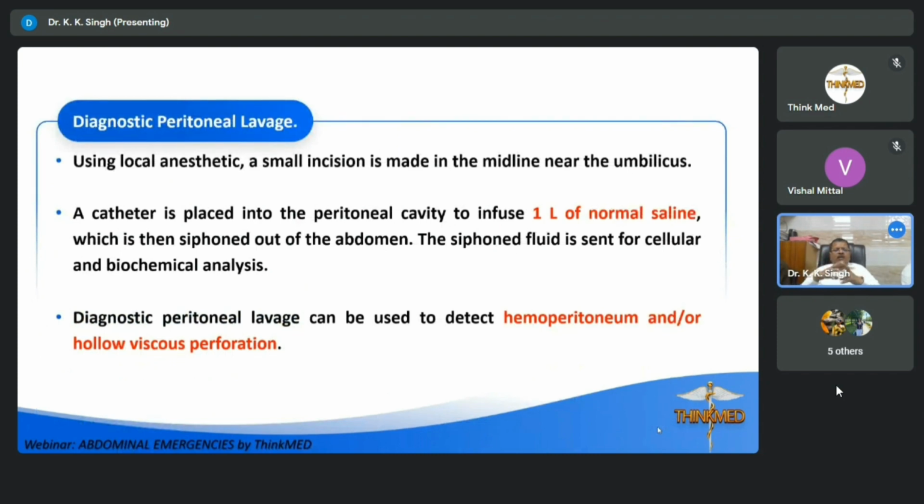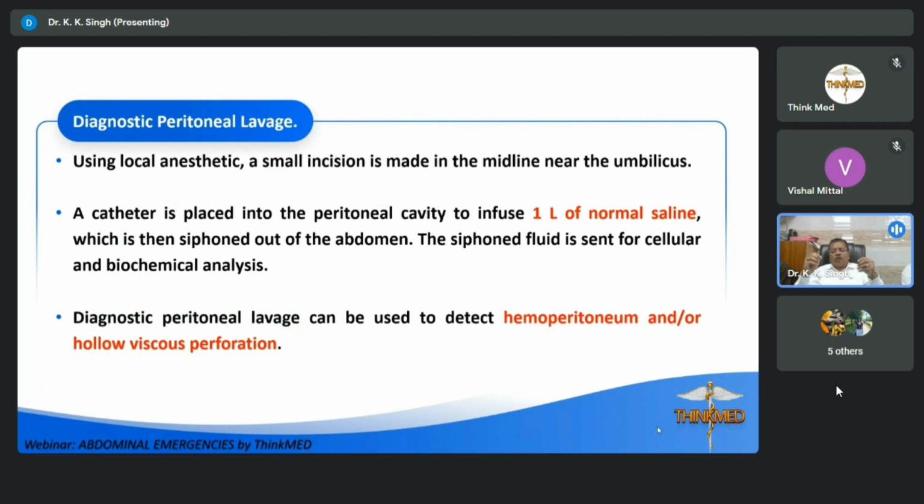Then what is diagnostic peritoneal lavage? Nowadays, after the advent of good ultrasound, this is not needed. But as an undergraduate, you must know, this is when you have peritonitis.